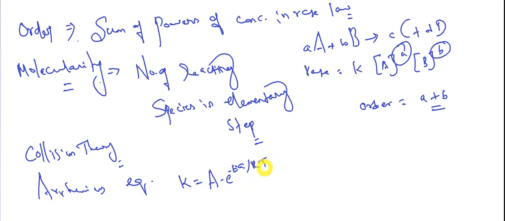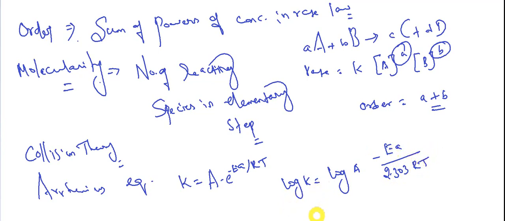This can be written as log k is equal to log A minus Ea by 2.303 RT.